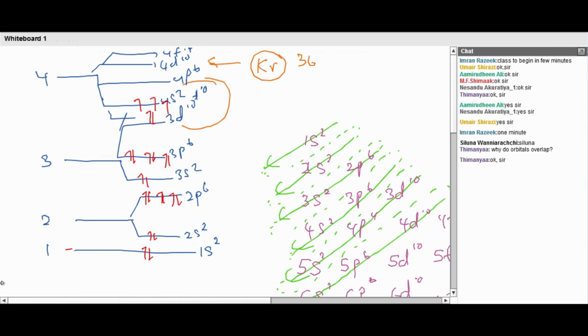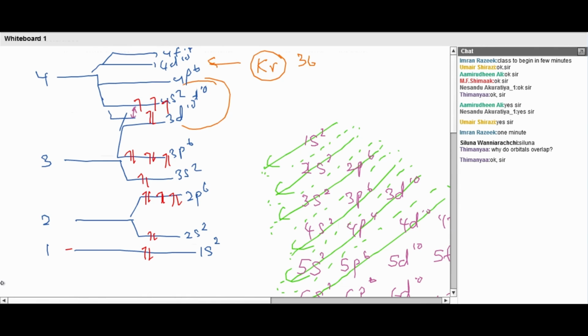Now look. The thing is, whenever there is orbital overlapping taking place, the energy gap between the lower s and the higher d is very, very small. The energy gap is very small whenever there is orbital overlapping, right? So therefore, that results in repulsion between the lower and the higher energy levels.